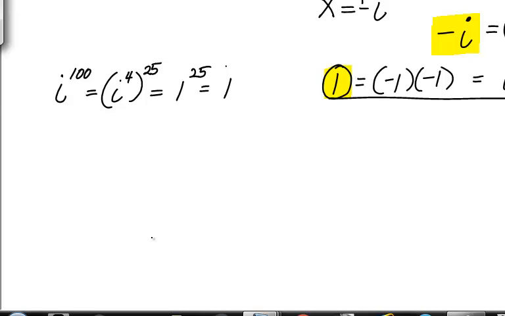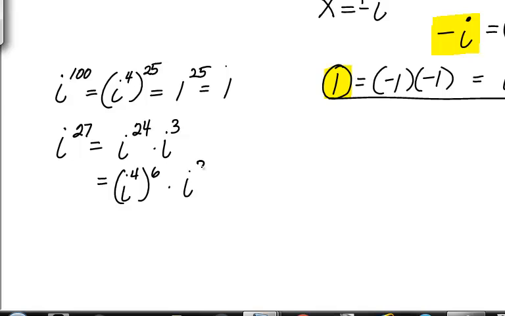If I did, let's say, i to the 27th, I can split that up into i to the 24th times i to the 3rd, because when I multiply, I add the exponents. This would be the same as i to the 4th raised to the 6th times i to the 3rd.